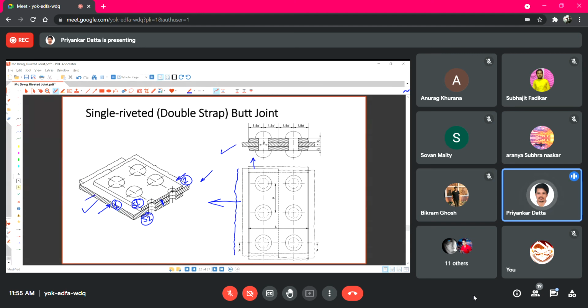But along this direction and this direction, wherever there is a broken line shown, that means there is further plate material available on that side, but we are breaking out or taking out some portion, because the emphasis here is to show different types of riveted joints and how the rivets are placed or oriented. This orientation is important, so this is also, you can say, a sample drawing. That means a portion of the total drawing is shown here, right?